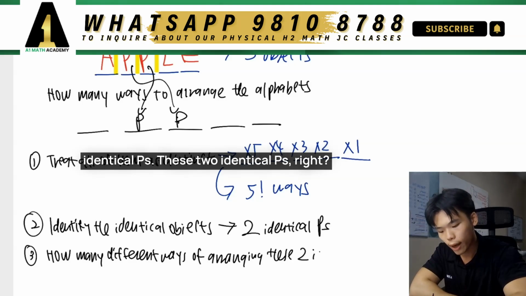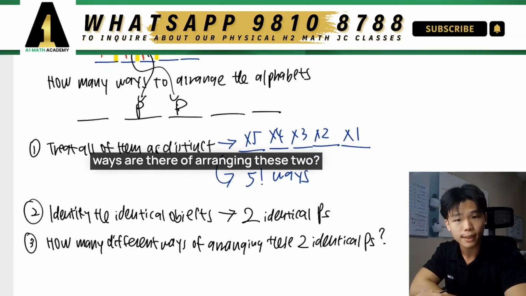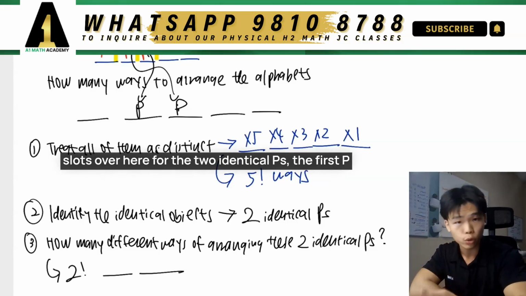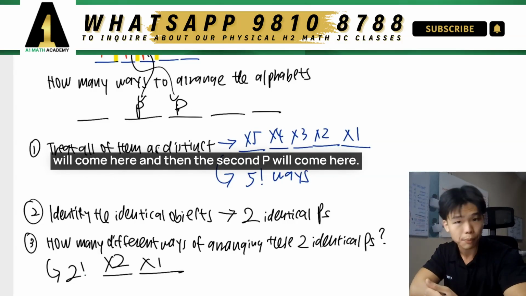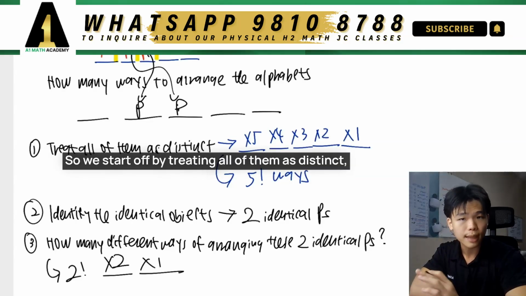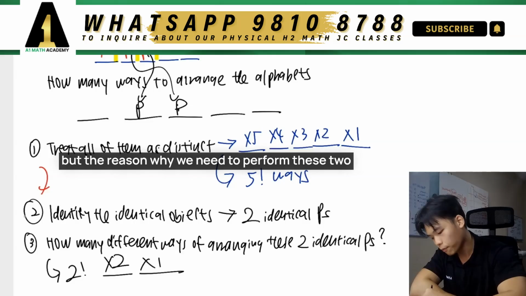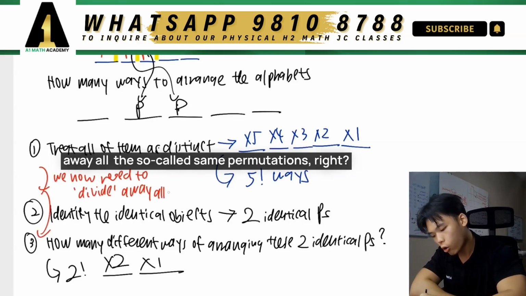It will just be 2 factorial, because if I have 2 slots for the 2 identical p's, the first p will come here and then the second p will come here. So we start off by treating all of them as distinct, but we now need to divide away all the so-called same permutations.